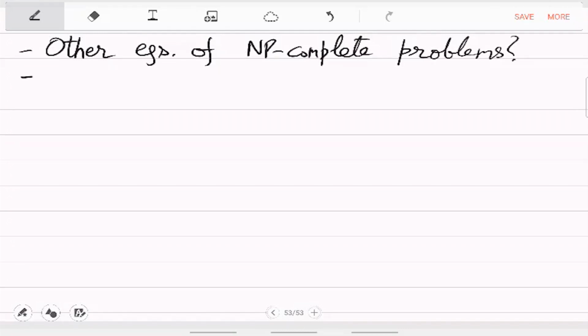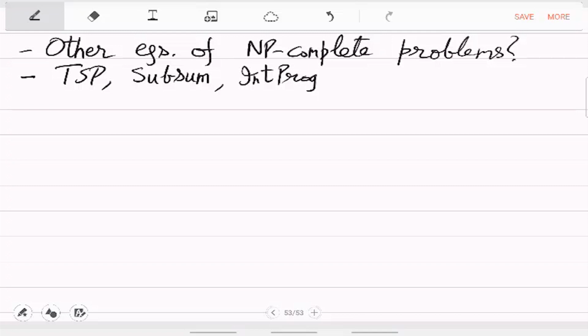Other examples, which I mentioned in the overview of the course in the first lecture, are traveling salesperson, subset sum, and integer programming. These are all NP-complete. Okay, so these are some practical problems which are known to be NP-complete.